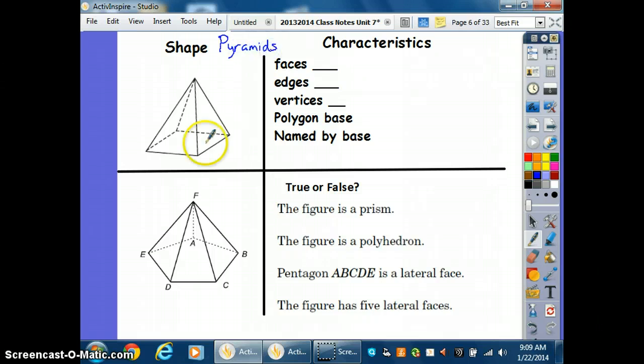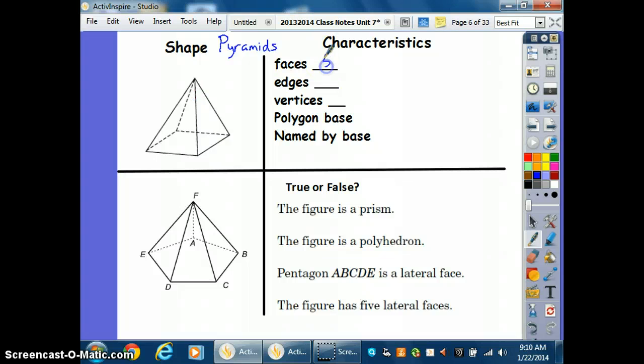Pyramids have one base, and they also have this thing called an apex. You'll notice something different about the faces that go around the side of this base. The rectangles were the lateral faces, we call them, on a prism, but you can see here that on a pyramid, they're triangles.